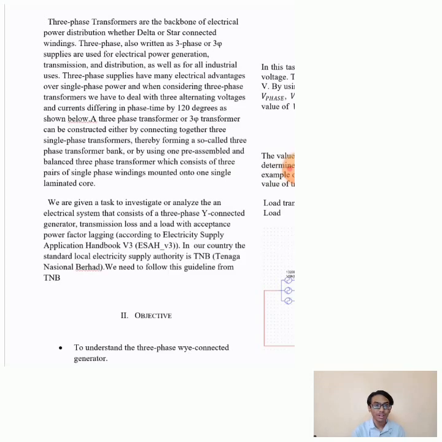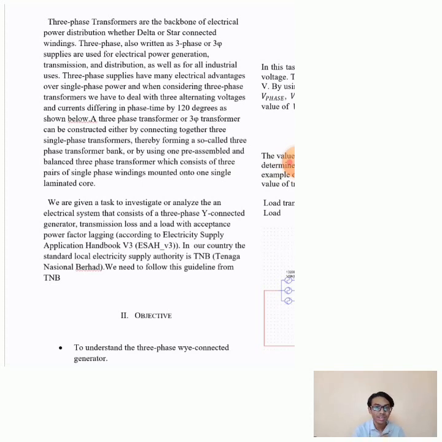Three-phase electrical power is a common method of alternating current power generation, transmission and distribution. It is also one of the common systems used worldwide to transfer power, based on the latest electricity supply book, ESAH version 3, provided by TNB.